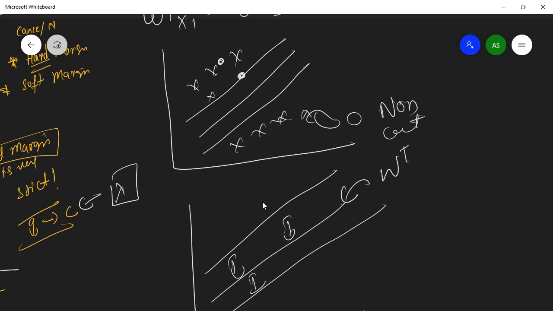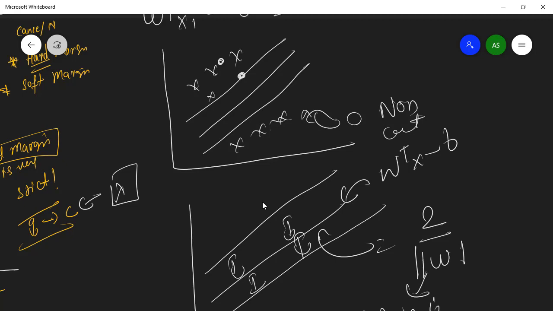The main hyperplane is W transpose x minus b, and this margin is equal to 2 over the norm of W. SVM always has to maximize this margin, so to maximize it, we have to minimize the norm of W.